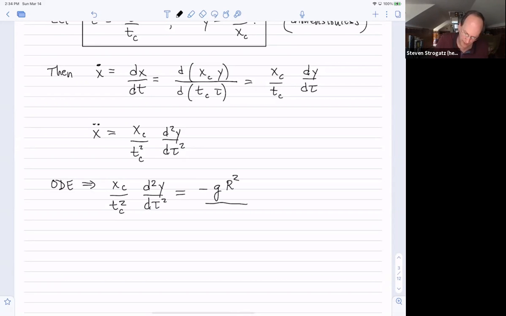And then in the denominator, I had r plus x all squared. So x, we know, is now xc times y, and there's plus an r. All that is getting squared.